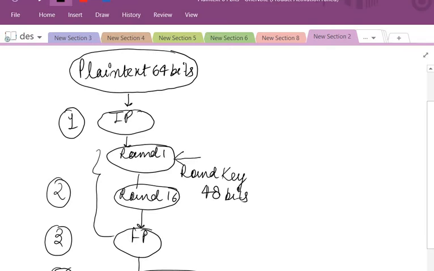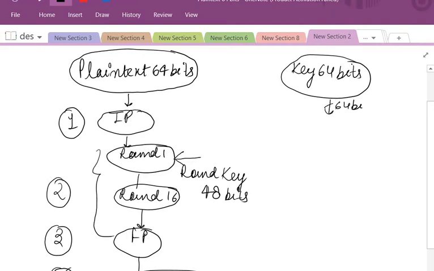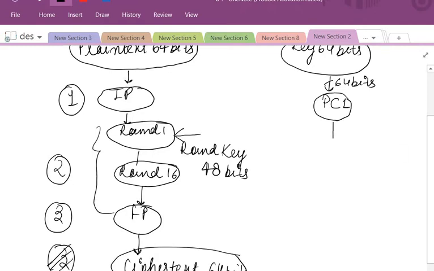The key generation algorithm takes a key having 64 bits as an input, and this 64 bits will be passed over permutation choice 1. From permutation choice 1, my 64 bit input will be converted into 56 bits, that is called the cipher key.